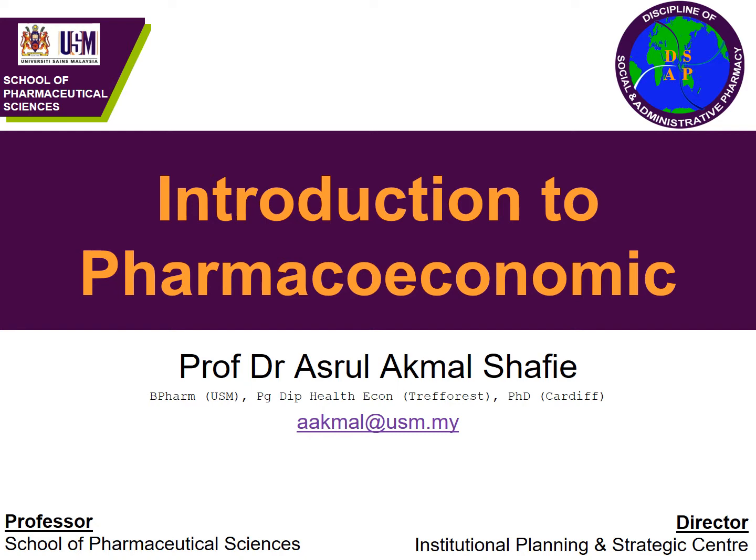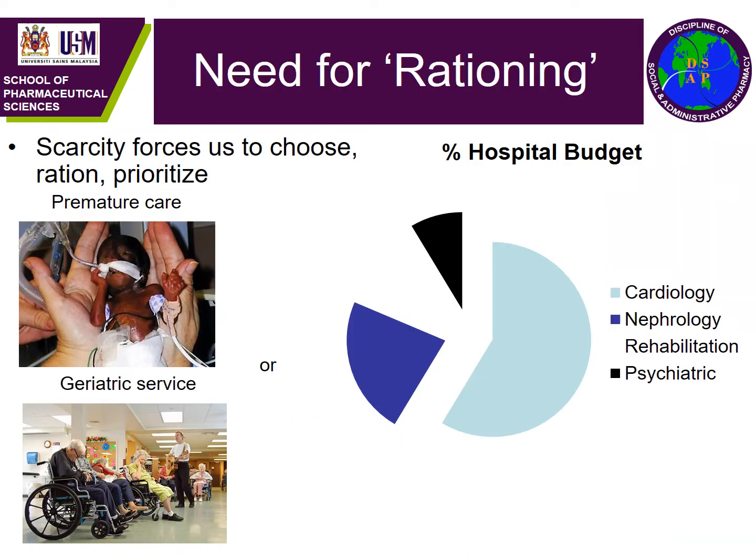But we all know as well that in the real world, we just don't have enough to satisfy what we want. We are unable to give the best doctor, the best medicine, the best vaccines to everyone. Because of our limited and scarce resources, we are forced to choose who to give, what to buy.